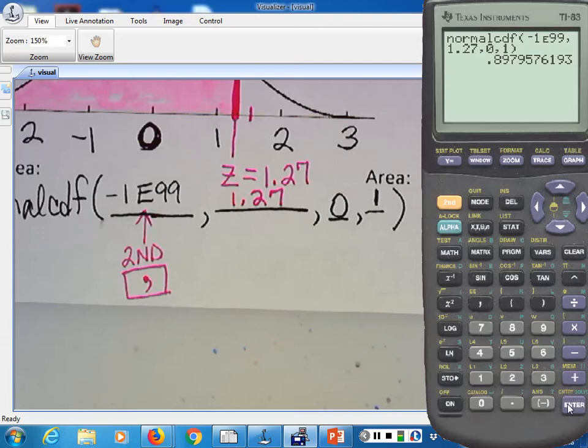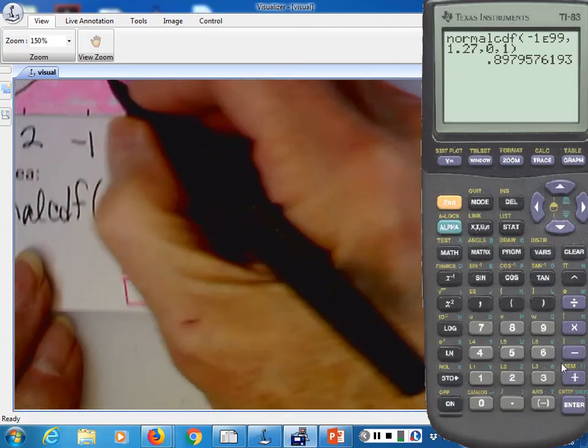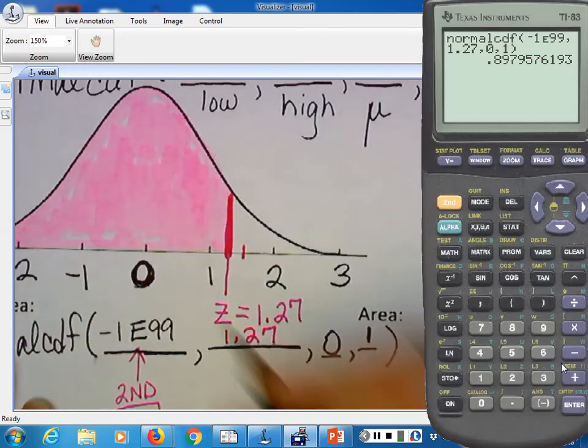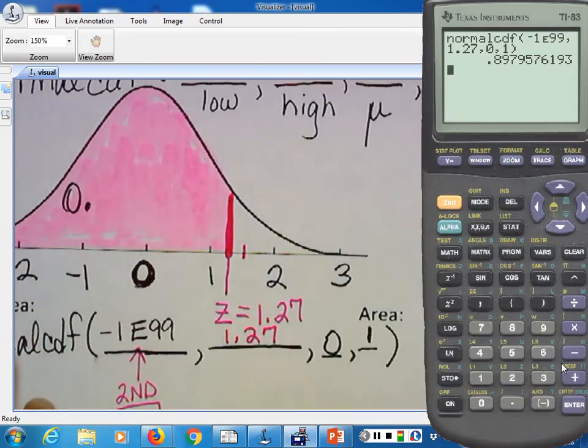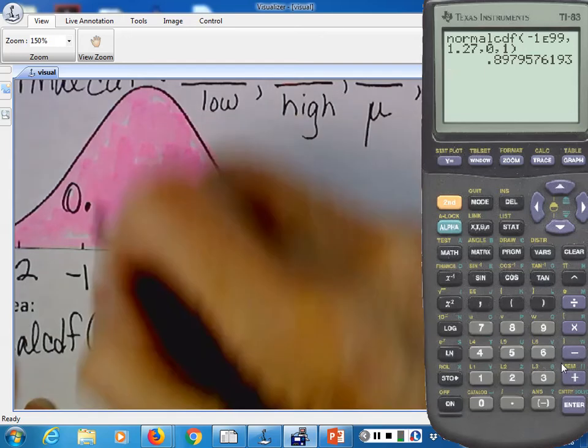And the answer that we get says that this area is 0.89795, which rounds then to 0.8980.